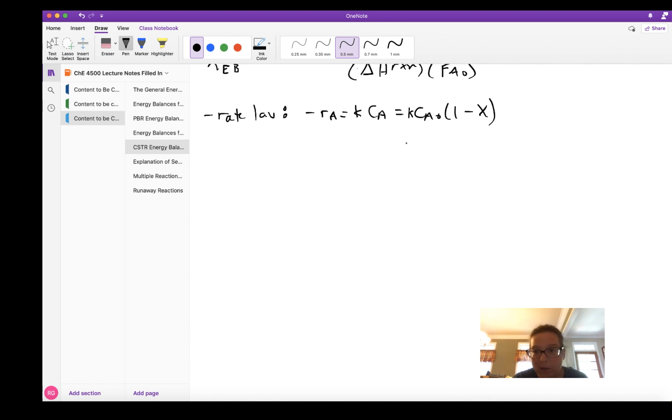Now I don't have a value for C_A0. I'm going to take care of that in just a moment, however. So my mole balance for a CSTR is V equals F_A0 X divided by minus r_A. So I can substitute my rate expression into there.